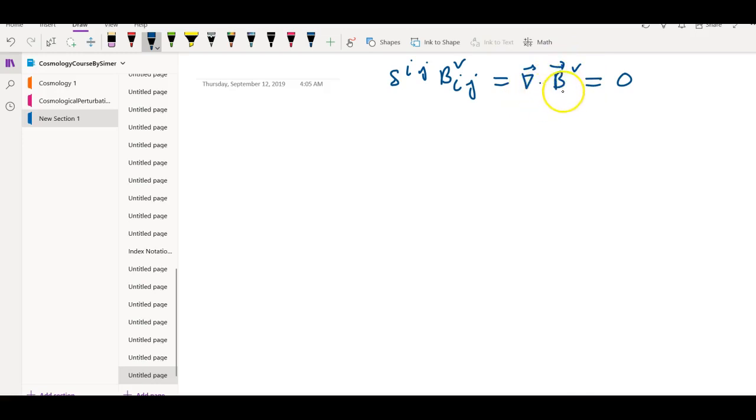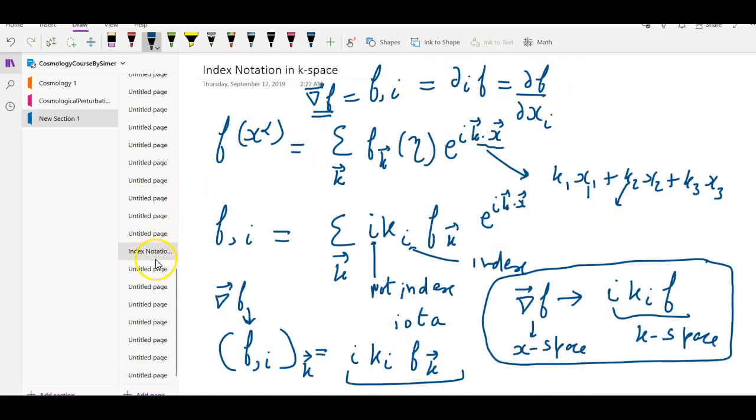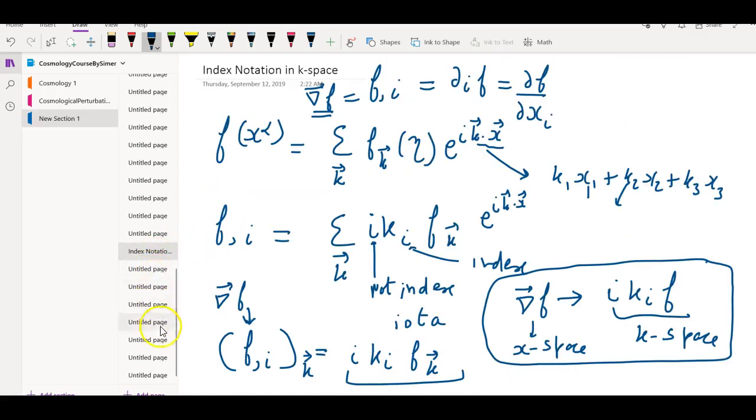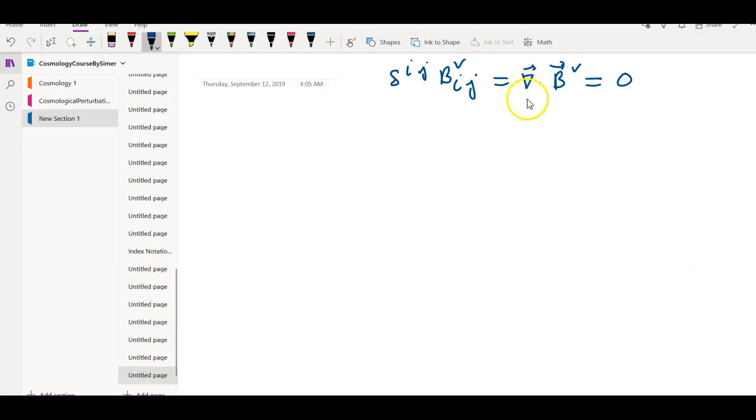And we have seen earlier that in Fourier space, when you write del dot... did we do this? No, we did not do this. Okay. So del dot B_v is basically what?